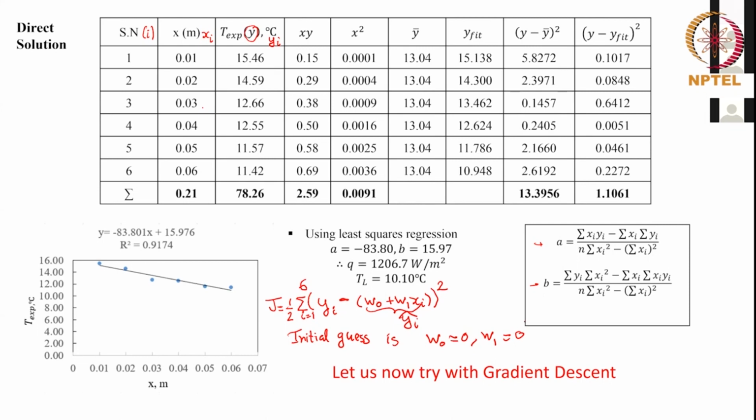What else do I need now? Apart from this, learning rate. The learning rate. So let us say I am giving you alpha is equal to 0.2.